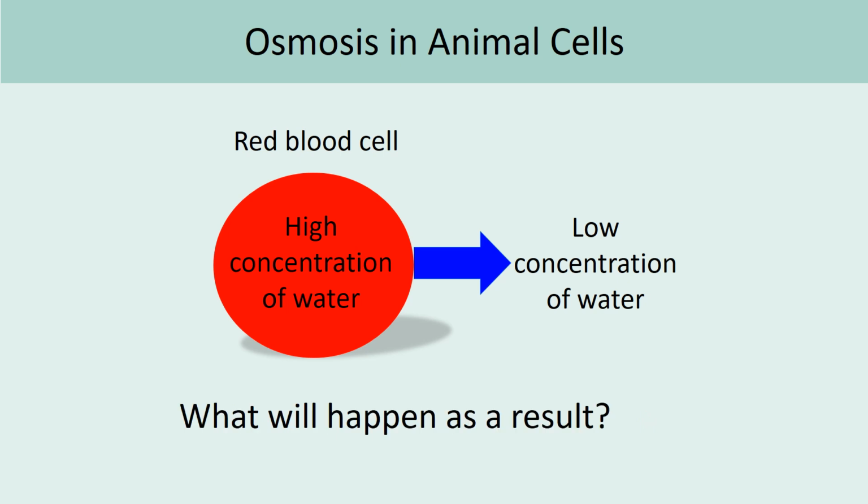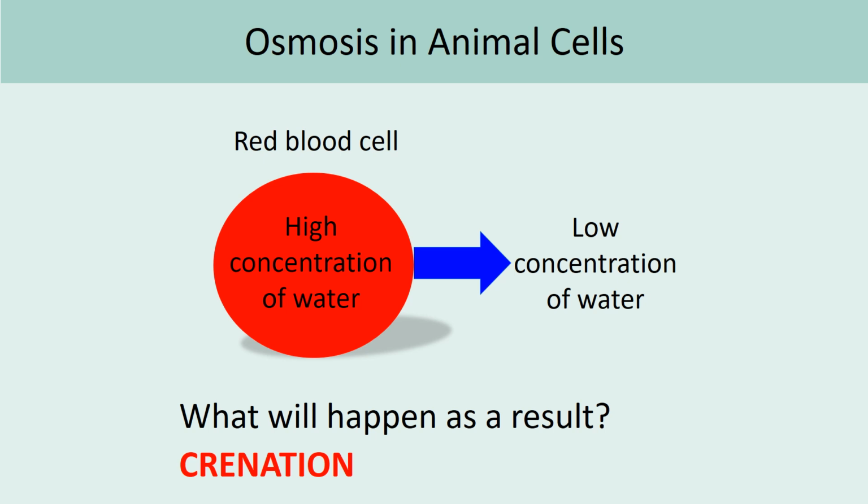What's going to happen to that cell then? Have a think. Okay, hopefully we said that it's going to shrink or shrivel, both, which is called crenation. Okay, so it's undergoing crenation.